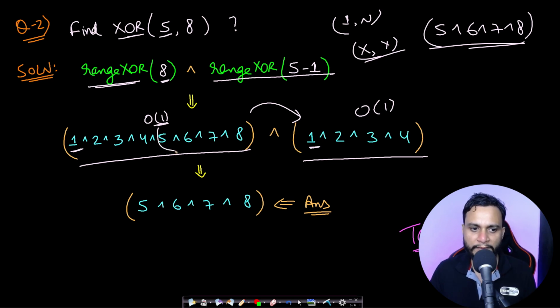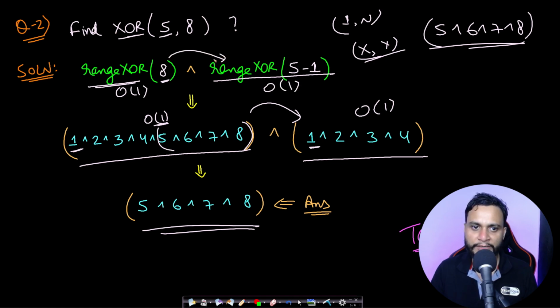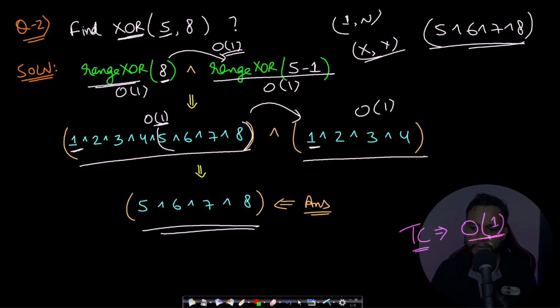So you will be left with the uncommon items, which is 5, 6, 7, 8. And this is what we wanted, right? So this is calculated in order of 1, this is calculated in order of 1, and the XOR can be calculated in order of 1. Hence the time complexity for finding XOR in the range of x to y is also order of 1, right? So we have solved successfully our first follow-up problem.